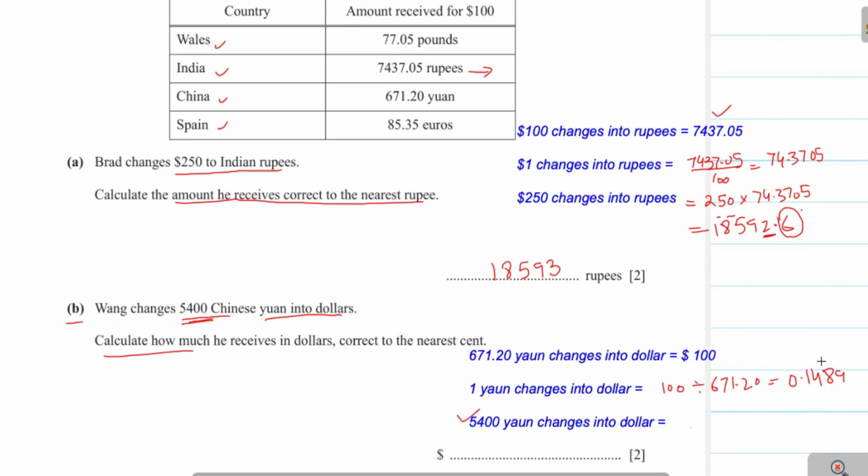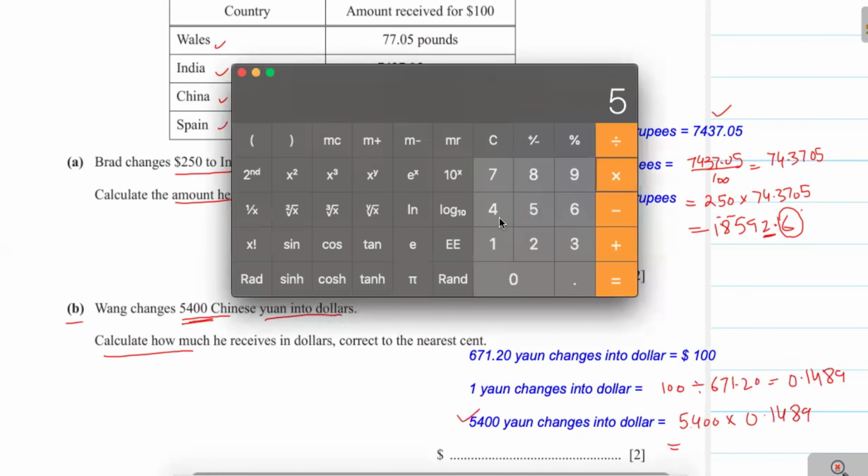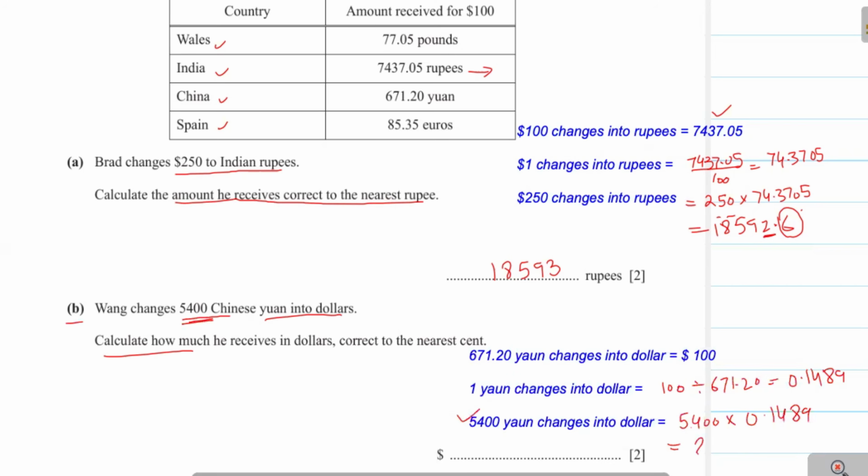1 yuan equals 0.1489. Therefore 5,400, we multiply 5,400 by 0.1489, and this value will be equal to 804.529.